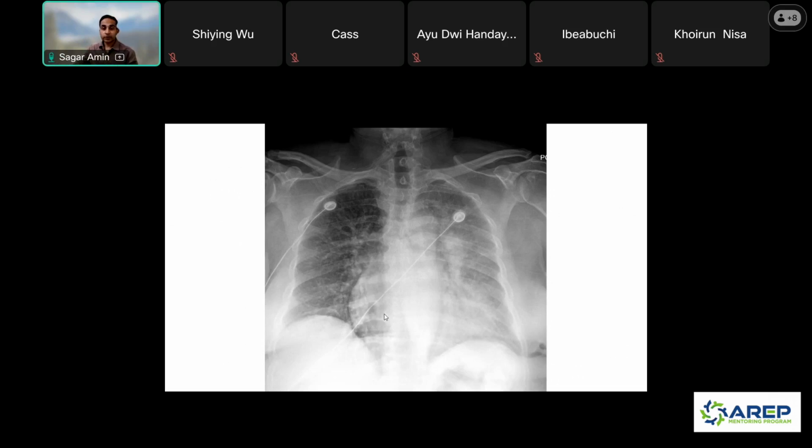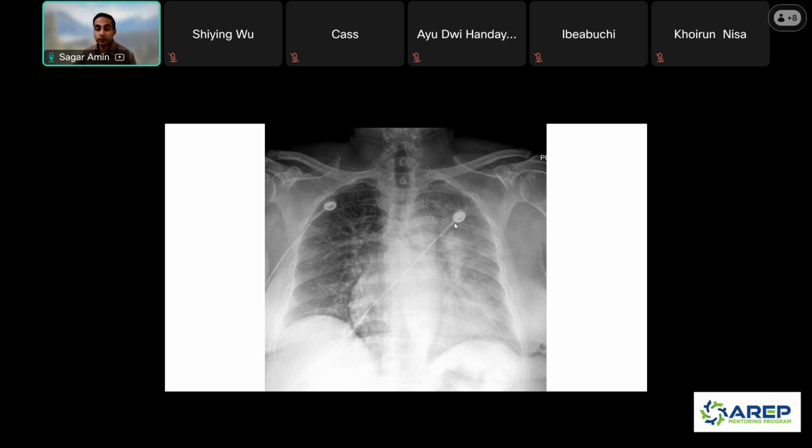And then I look at the mediastinal structures, so the heart, the aorta, and then lastly, I look at below the diaphragm and then the bones themselves and the soft tissues. So if I were looking at both lungs at the same time, I'd notice that the right lung is either hyperlucent compared to the left, or the left is more opaque compared to the right. So you can see the differences here.